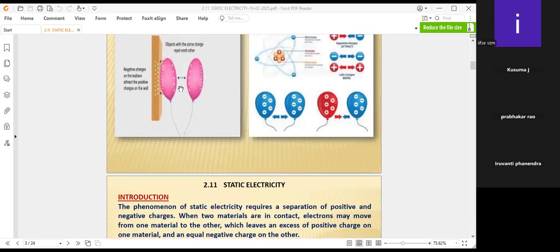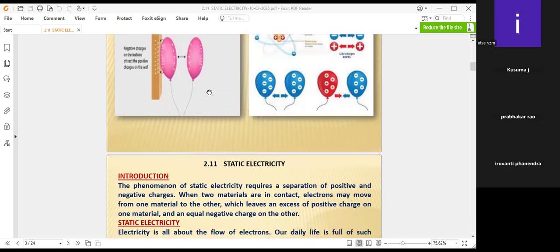Therefore, this leaves an excess positive charge on one side and an excess negative charge on the other side. These are the two bodies when you contact them together.